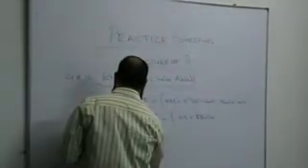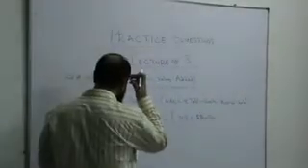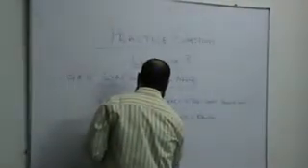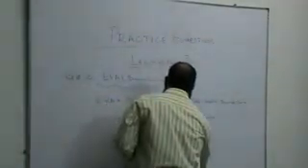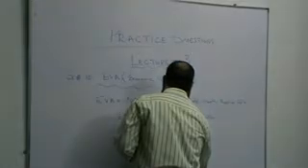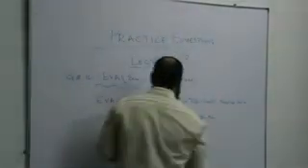Now EBIT is 4 million. Tax rate is 40%, so 1 minus T is 0.6, 1 minus 0.4, minus 20 million into 0.10.